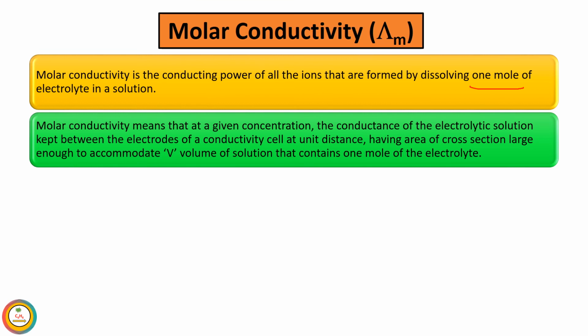This definition says we prepare a solution by dissolving 1 mole of electrolyte in a solvent. The volume of the solution is capital V. We place this solution between the two electrodes, and the distance between the two electrodes is 1 meter or 1 centimeter, and the area of the cross section of the electrode is large enough to accommodate that solution.